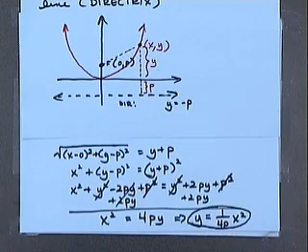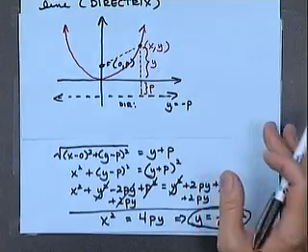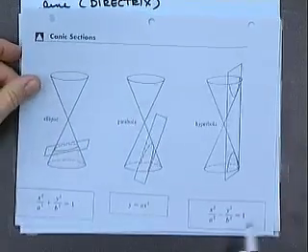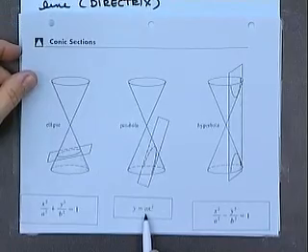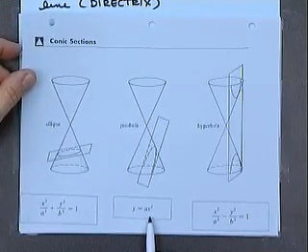So there's our equation. What did we say earlier was going to be the equation for a parabola? We said it was going to be y equals a x squared. Don't we have that? Yep.